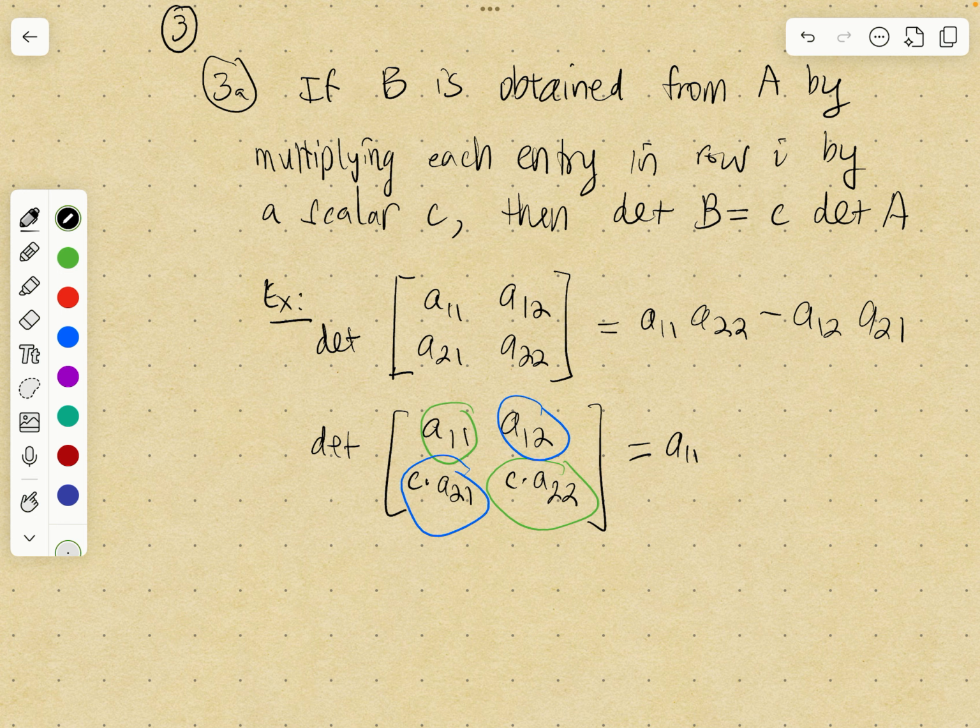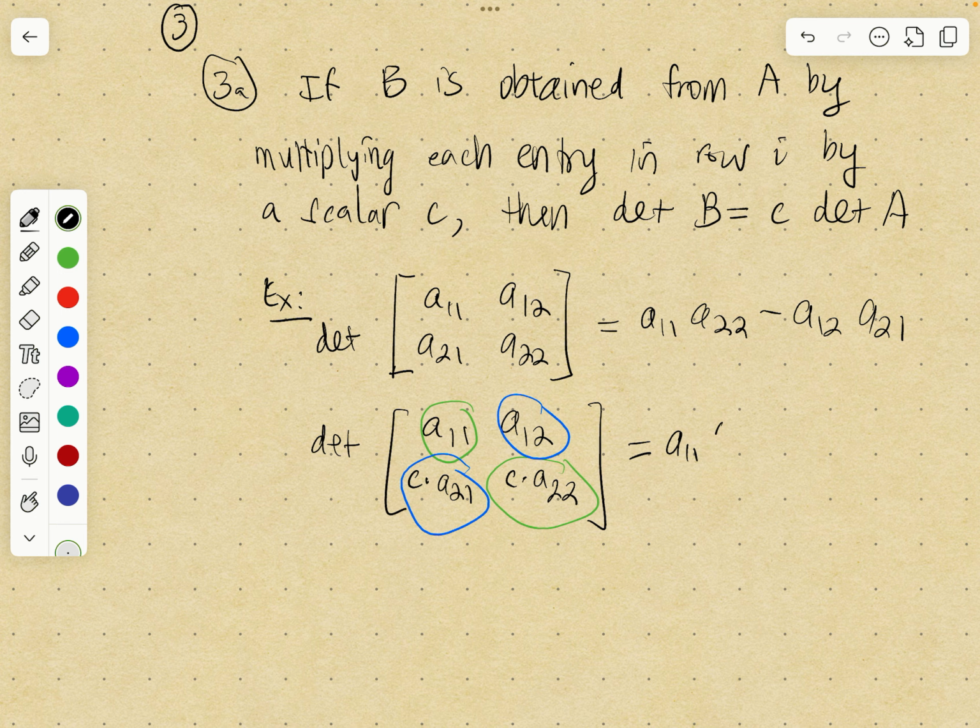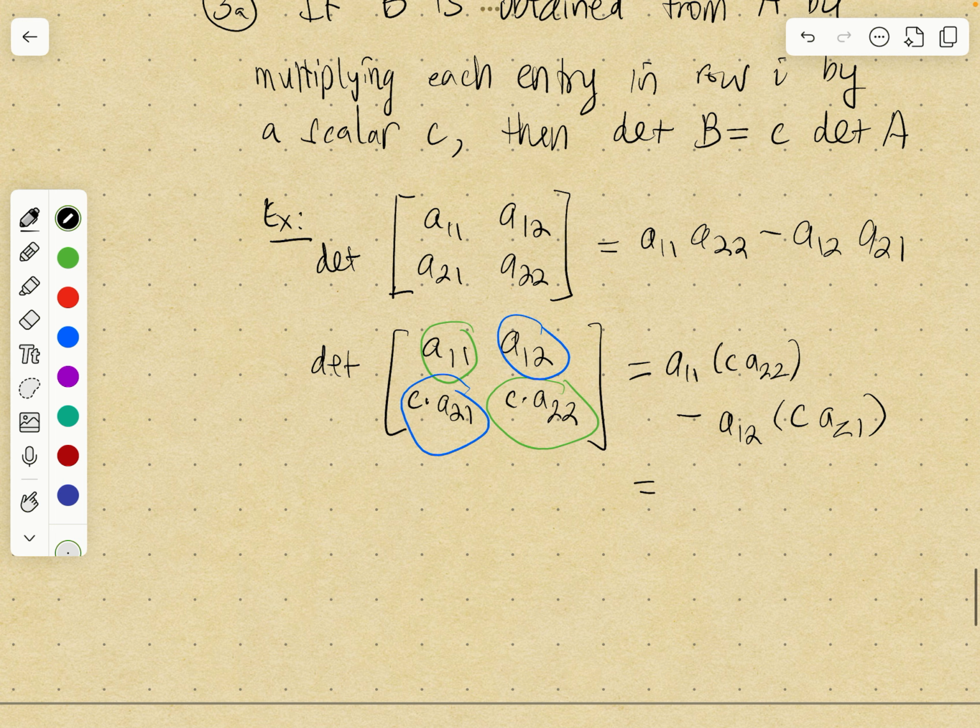Well, what's that going to be? That's A11 times C times A22 minus A12 times C times A21. And now you see that you can factor out the C from this whole thing, and then you're going to get C times A11, A22 minus A12, A21.